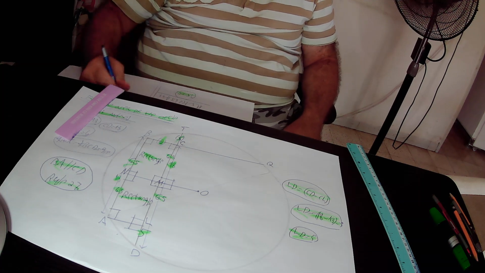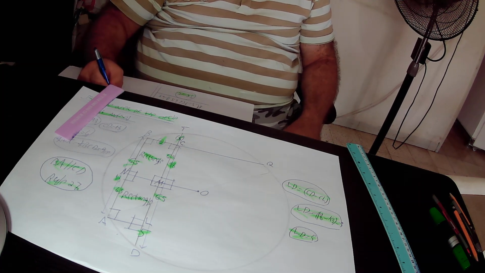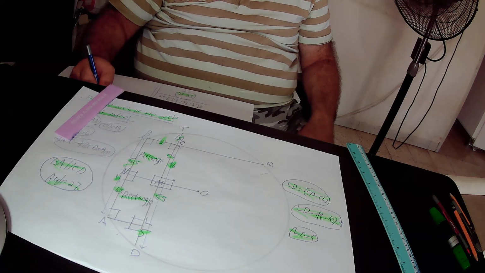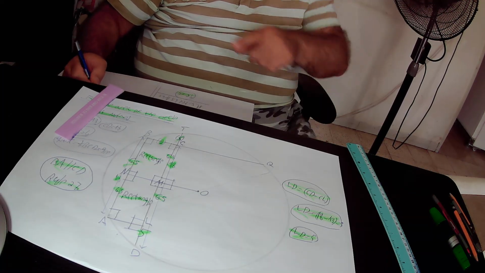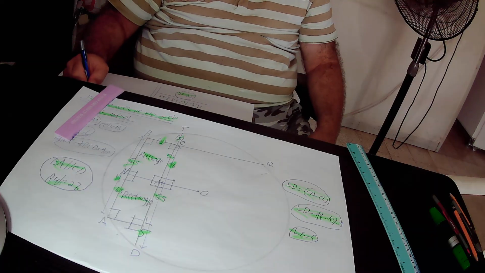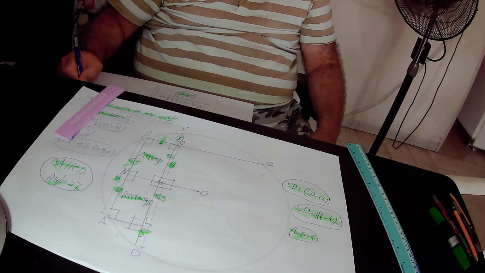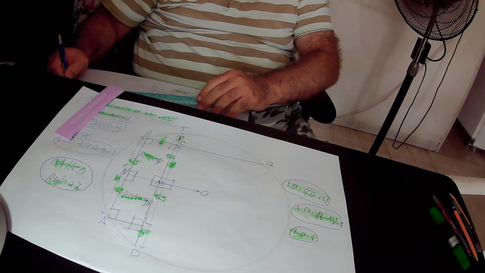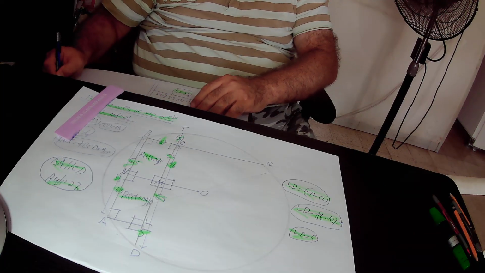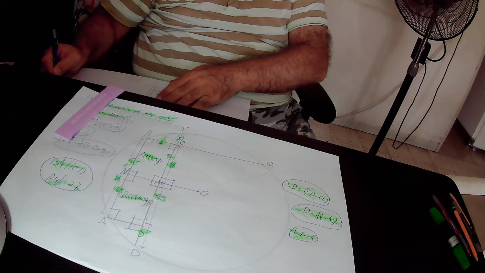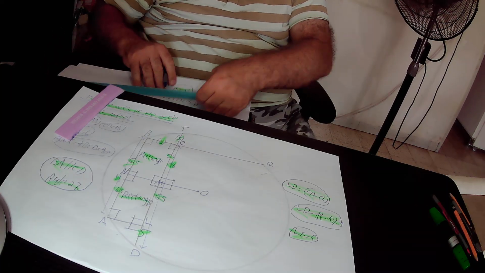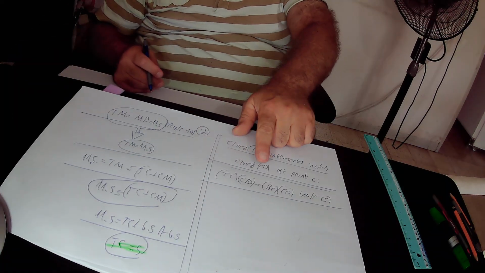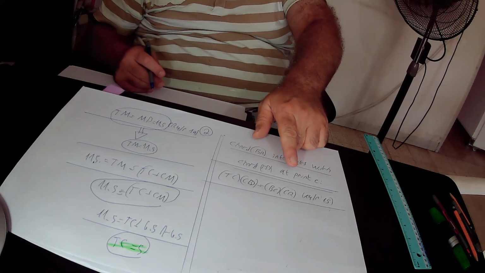So write it down. TC times CD equals BC times CQ. Repeat again, according to Rule 15, TC times CD equals BC times CQ.